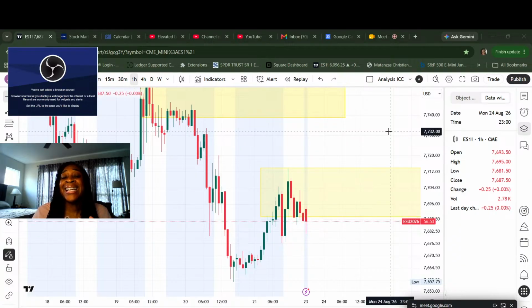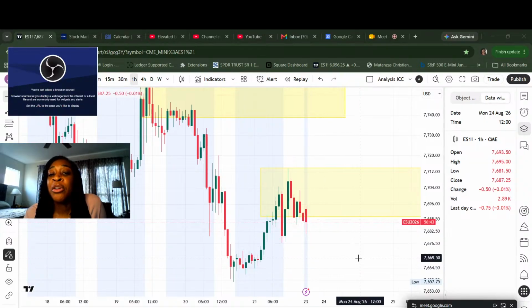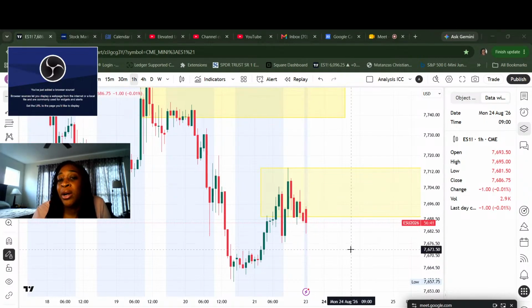You're trading the entire index of the top 500 companies. And we are chart trading. Chart trading means we are looking at candlestick patterns and determining which direction we believe the market is going to move in. There are different ways to trade, but I teach trading off of a chart through chart patterns.